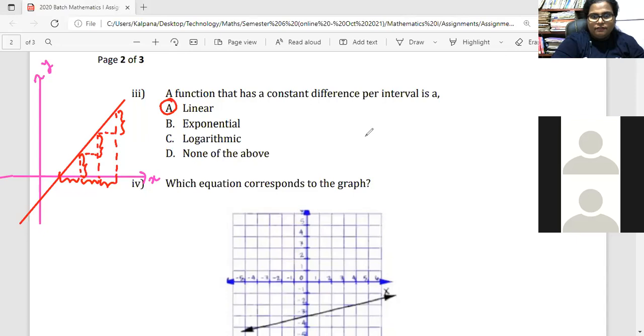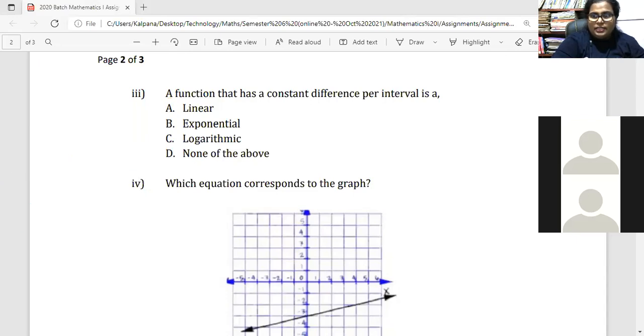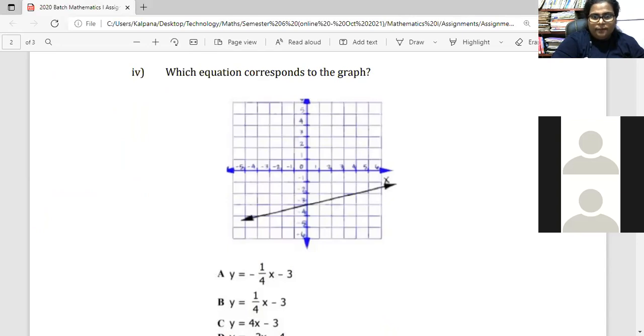Here the graph is given, and it is asking for the equation of this graph. We are talking about this fourth question. The graph of the function is given here, and it is required to find the equation of this graph.